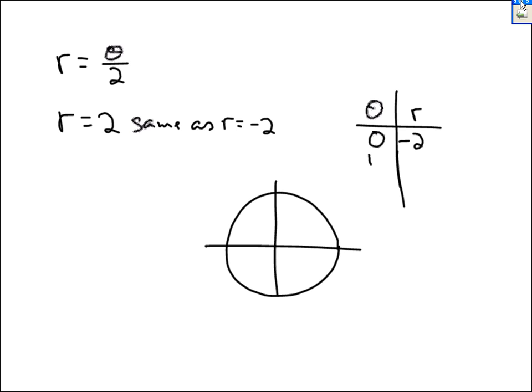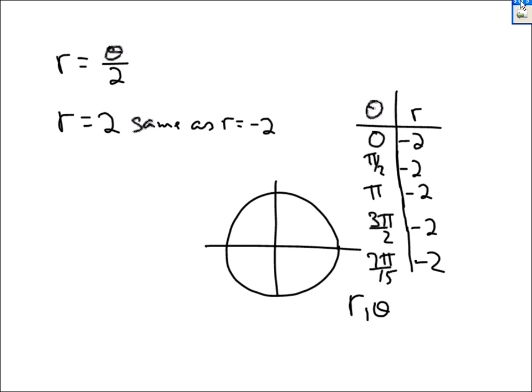If theta is pi over 2, r is negative 2. If theta is pi, r is negative 2. If theta is 3 pi over 2, negative 2. If it's 7 pi over 15, negative 2. Now, we have this rule that r comma theta.